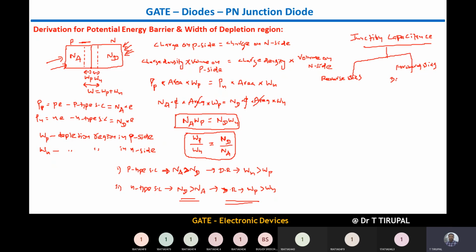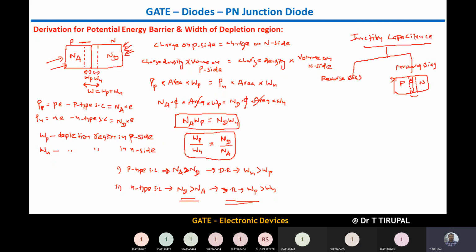What is observed in forward bias means the capacitance. You can observe here a structure, P-type and N-type. A small depletion region will be there in forward bias before current flow exists. What charge is present here?